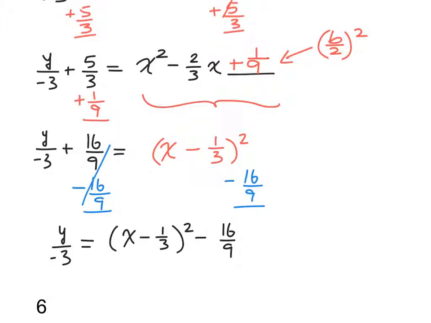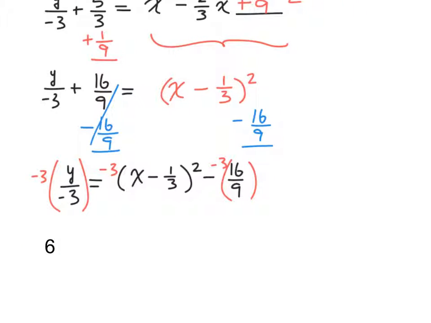And then what? Multiply by -3. All right, so we get a clean y on the left-hand side. You better get a clean y on the left-hand side. That's the whole point.